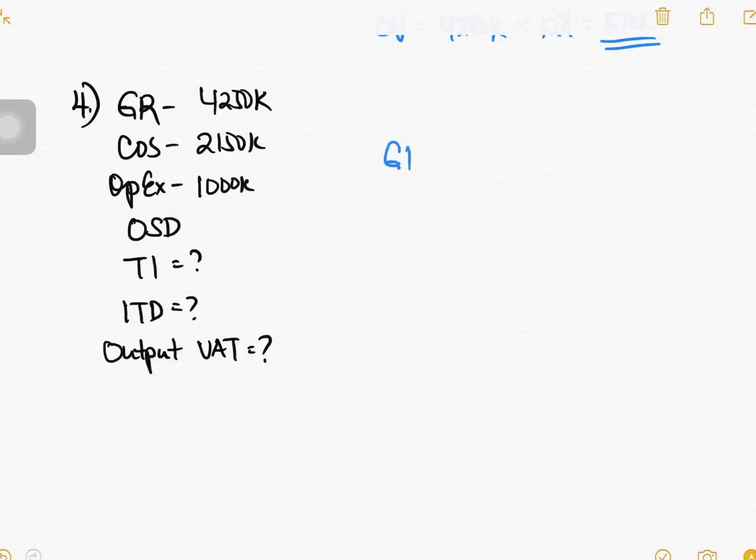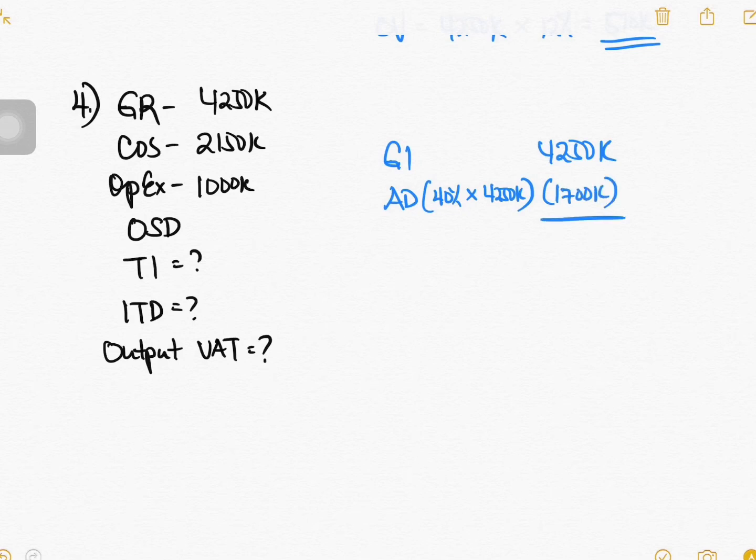Gross income is 4,250k, and then for the allowable deduction, you are using OSD, so that's 40% of your gross receipts, right? And that is 1.7 million, giving you a taxable income of 2,550,000.